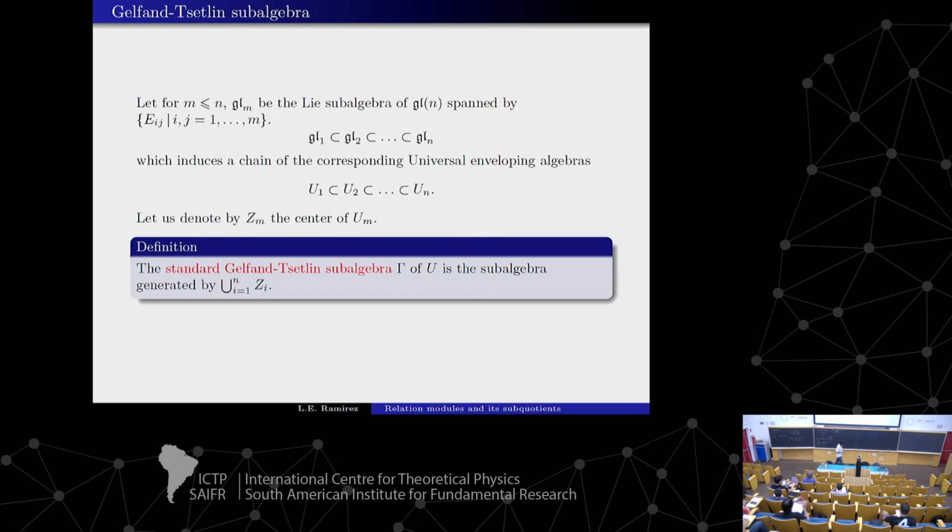We can construct this Gelfand-Tsetlin subalgebra, which is a maximal commutative subalgebra of the universal enveloping algebra that can be constructed in this way. It is like the union of the centers associated with some chain of embeddings of GLn.